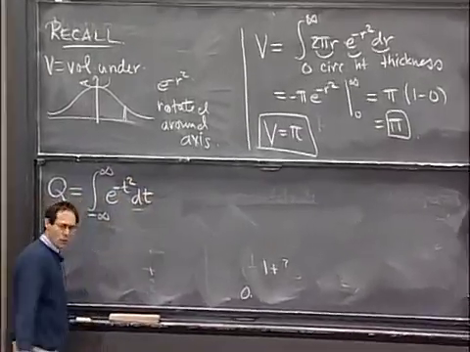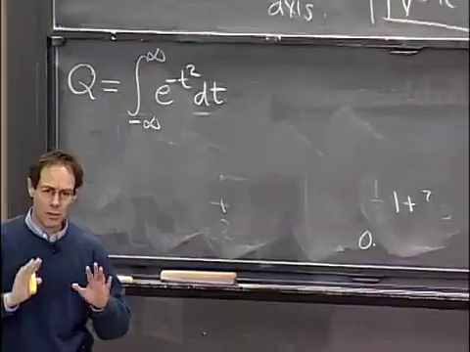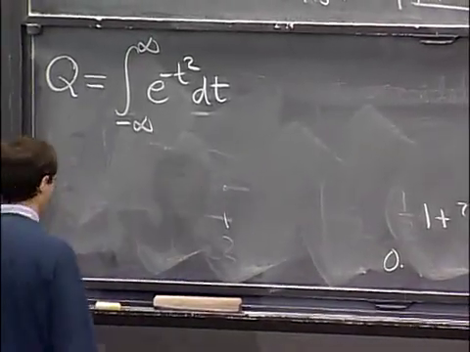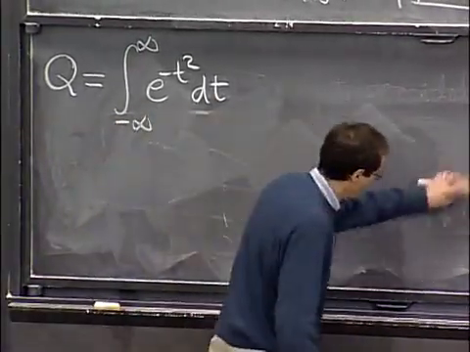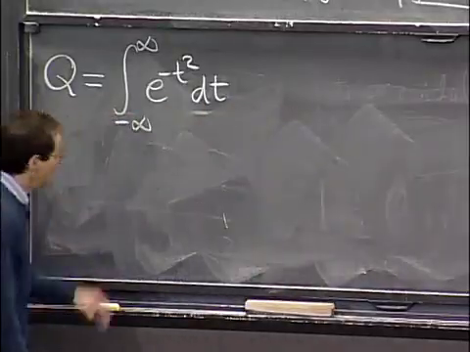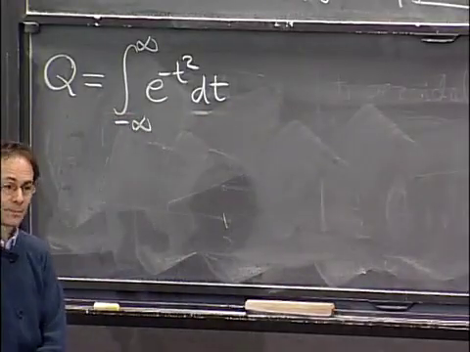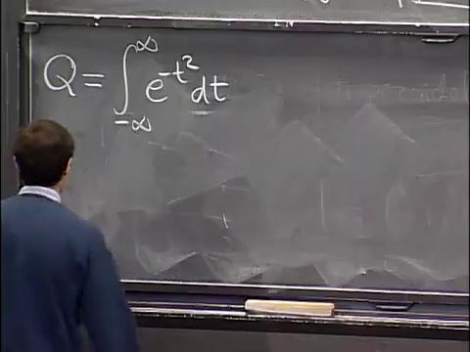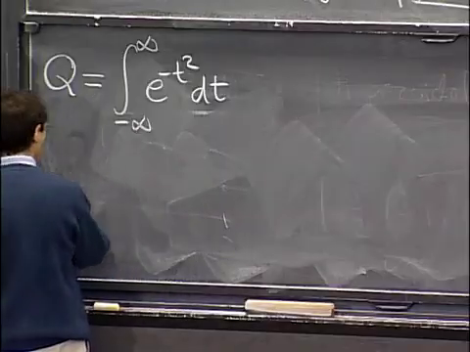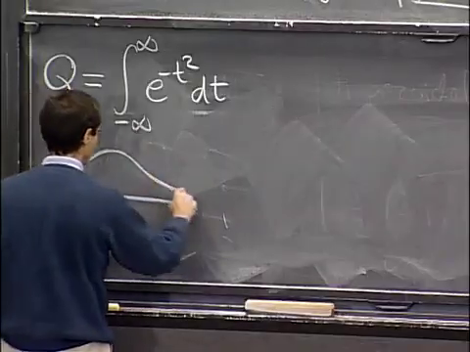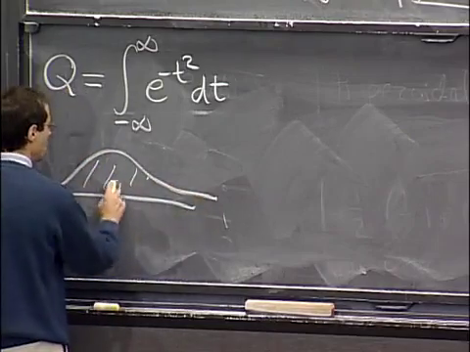And I'll relate it to what we talked about earlier in this unit in just a couple of minutes when I show you the procedure that we're going to follow. So here's the quantity, and now what this is interpreted as is the area under this bell curve. This time Q is really an area.